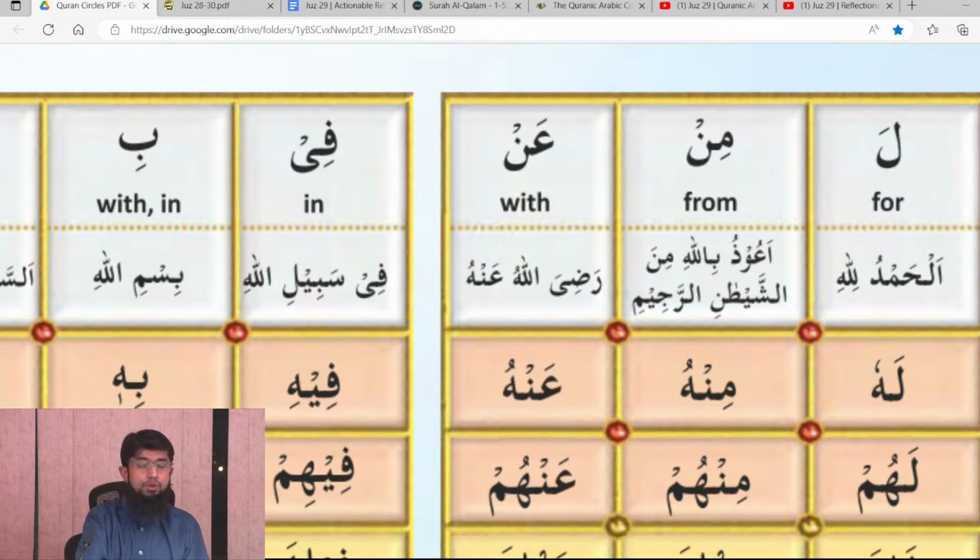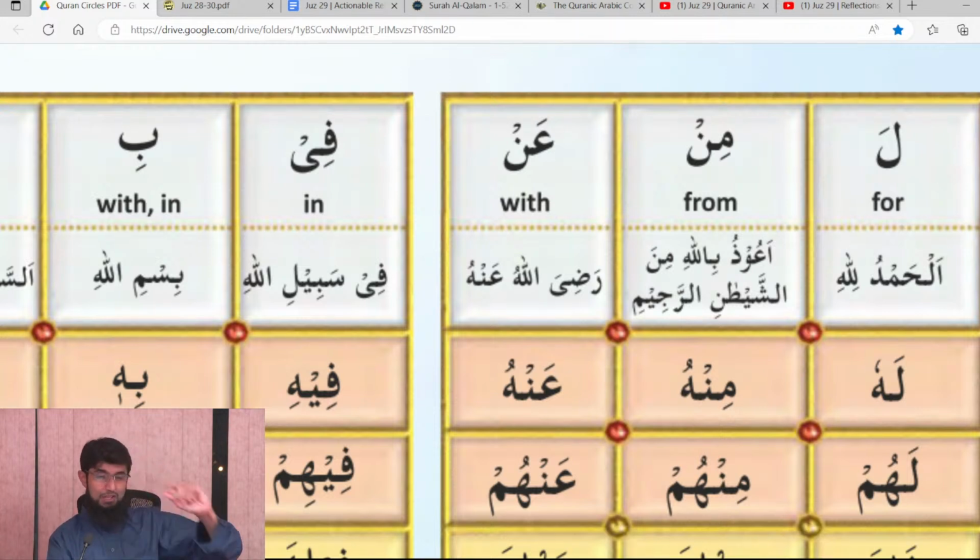So for that, you have hu. So the pronoun hu in this case is in the state of... no, it's in the state of jar. Is it? Now you got me confused. One second. Let me just double check something before I say something wrong.